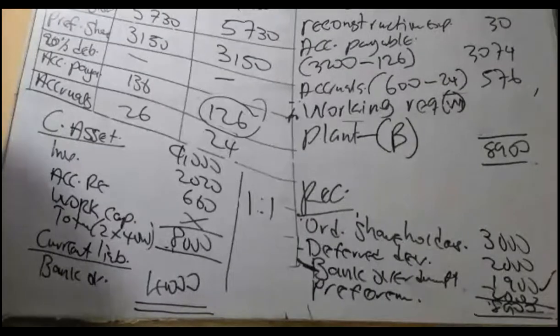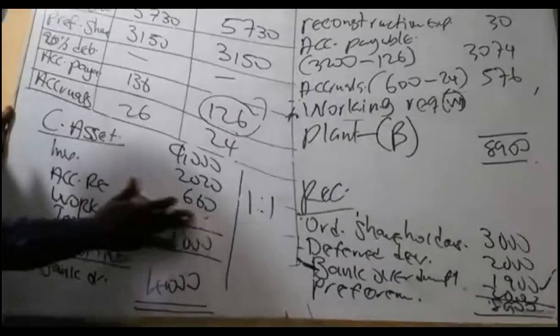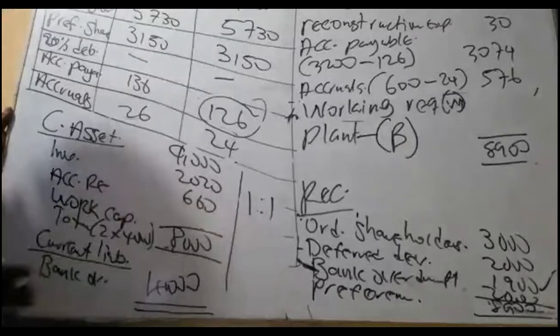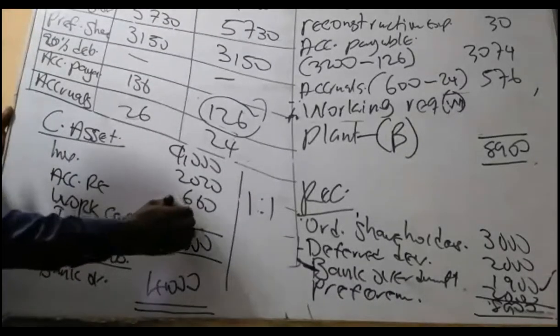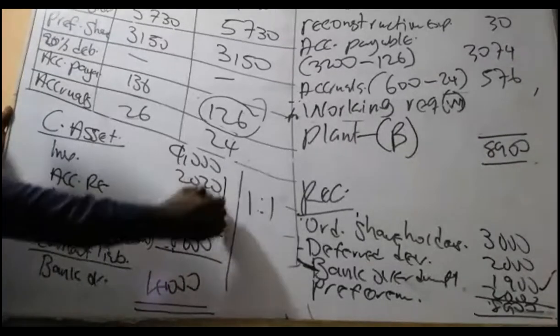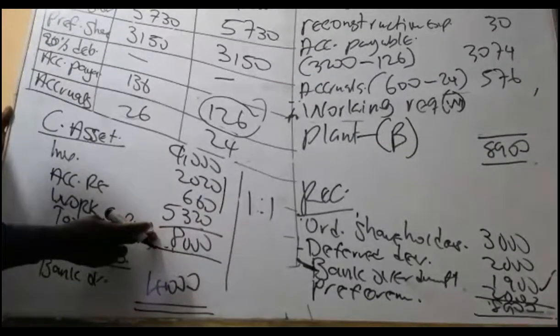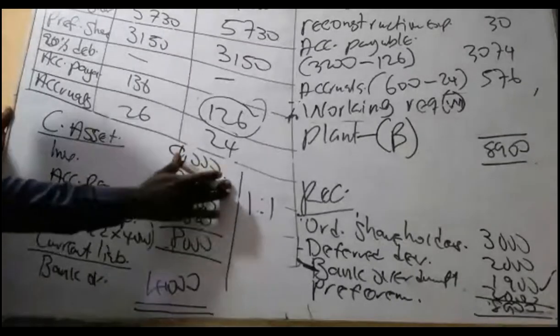5,320. Perfect. So if you do this here, then the balancing figure here must be 5,320. The balance, you add all this, subtract from the 8,000, then you are done. Good.